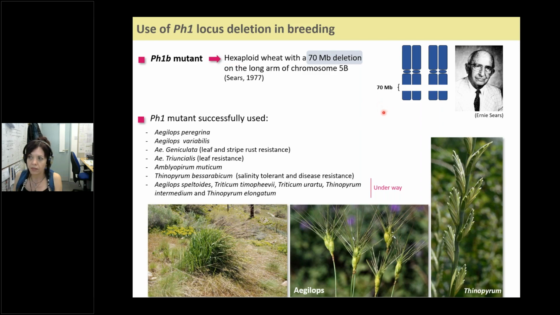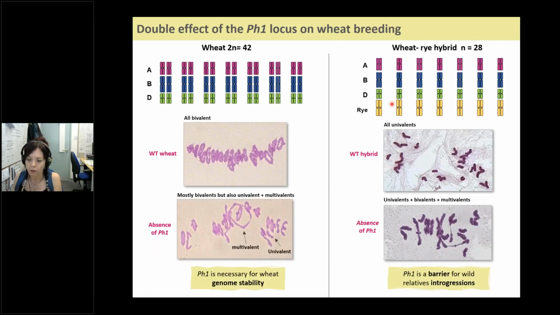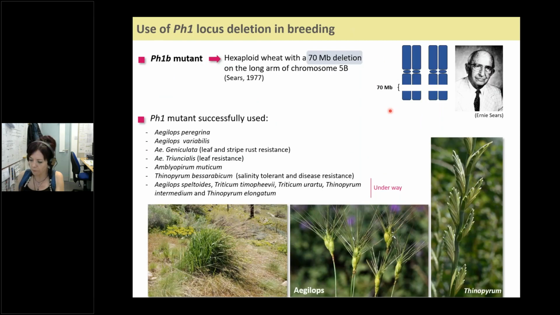It has a 70 megabase deletion on the long arm of chromosome 5B. Well, actually, we showed in 2018 that it's a 59 megabase deletion. That doesn't really matter, but what matters is that we also showed that it included almost 1,200 genes.